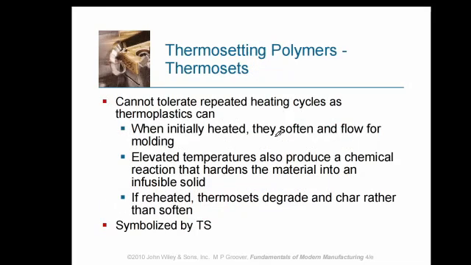Then thermosets, these ones now cannot tolerate repeated heating cycles as thermoplastic can, because they degrade. If you heat them, initially they soften and flow for molding, but if you increase temperatures, they may produce a chemical reaction which then hardens them into an infusible solid, something like char.